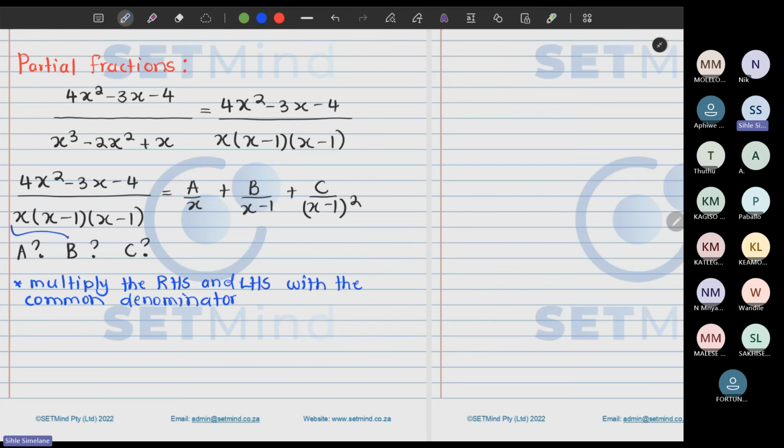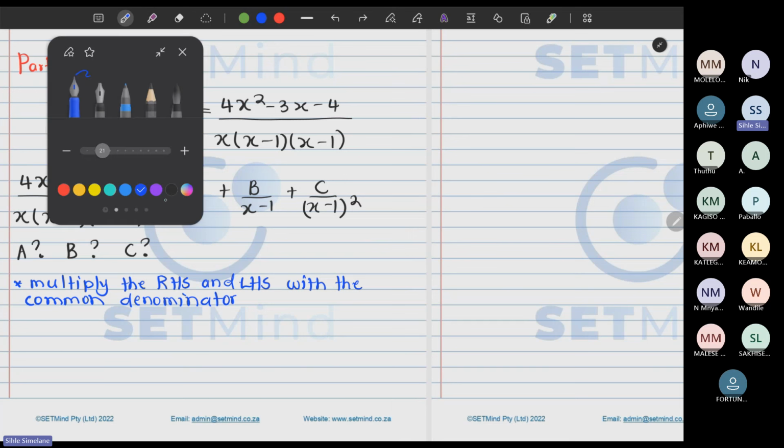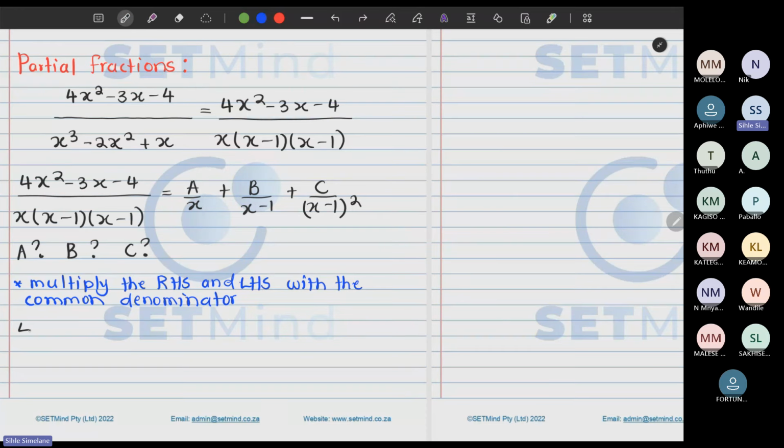When we do that, we will end up having 4x squared minus 3x minus 4 equaling A into x minus 1 all squared, plus B into x minus 1, and then plus C times x. This is what we are going to have after doing that multiplication.